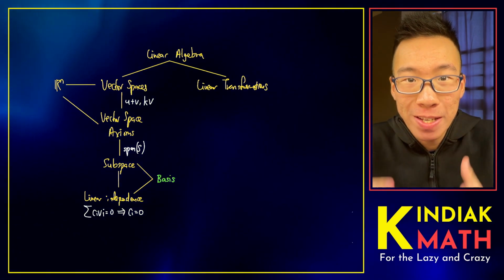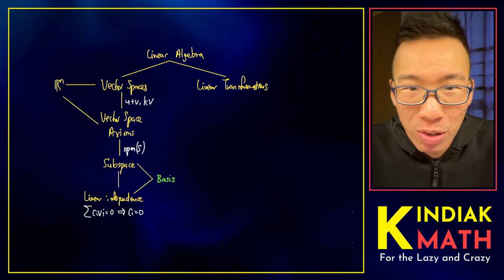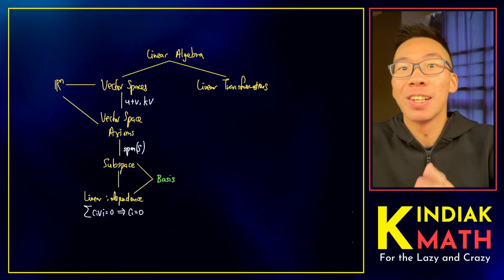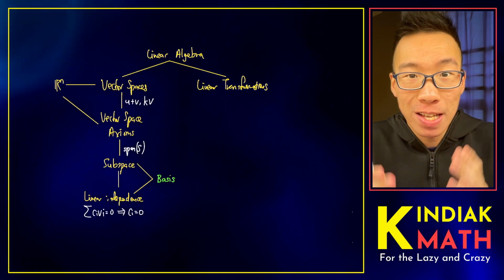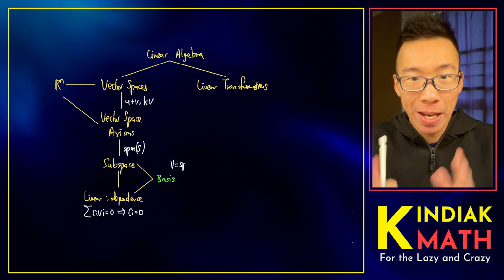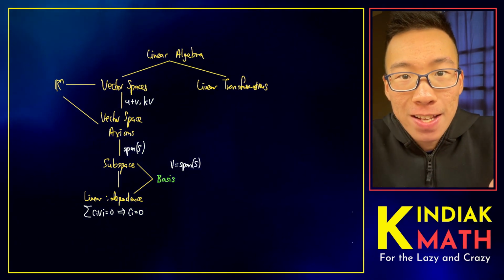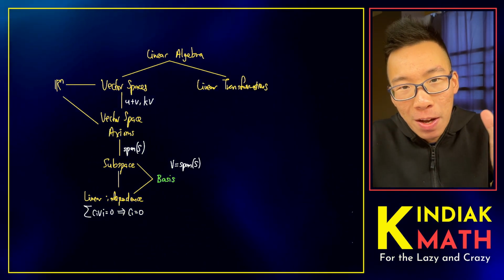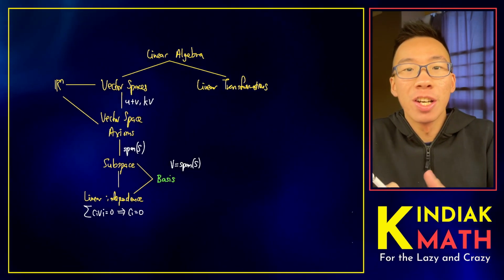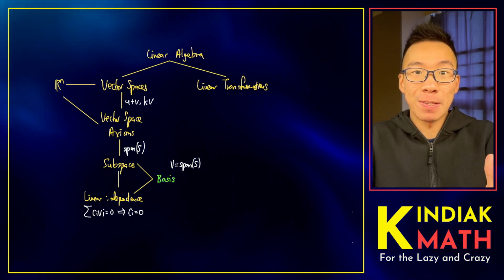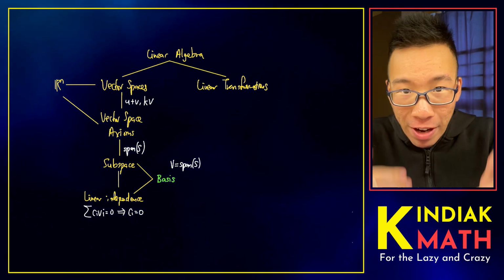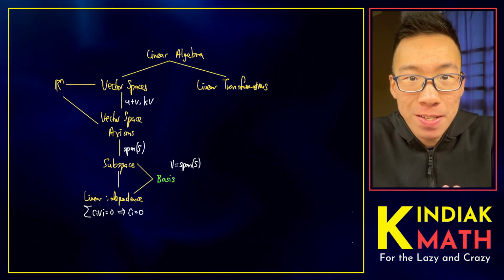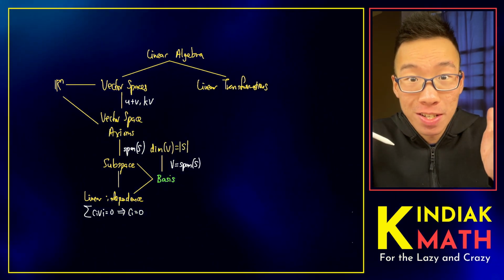And we can use bases to solve all sorts of problems, as we're going to take a look later on. Suppose now we have a subspace V whose basis is S. Since S is linearly independent, being a basis, it sort of contains the minimal amount of information to describe the subspace. We call the number of vectors in this basis the dimension of the subspace.